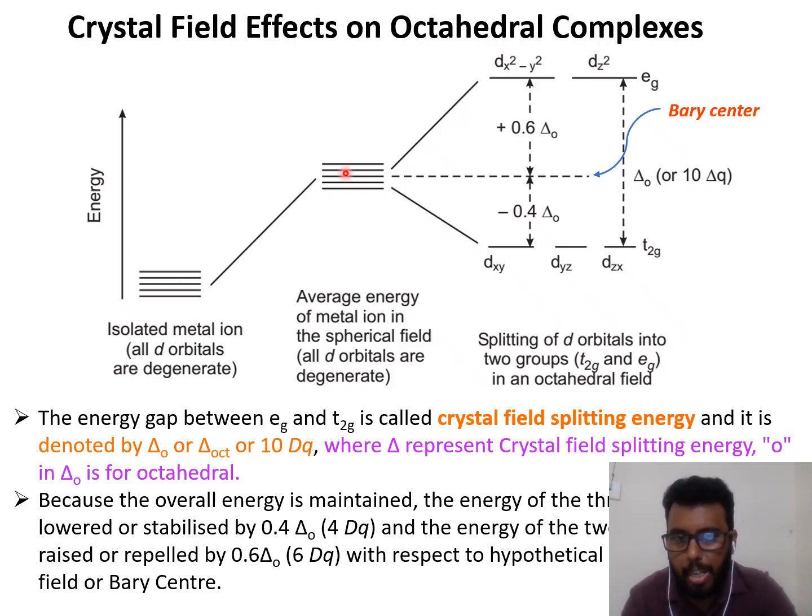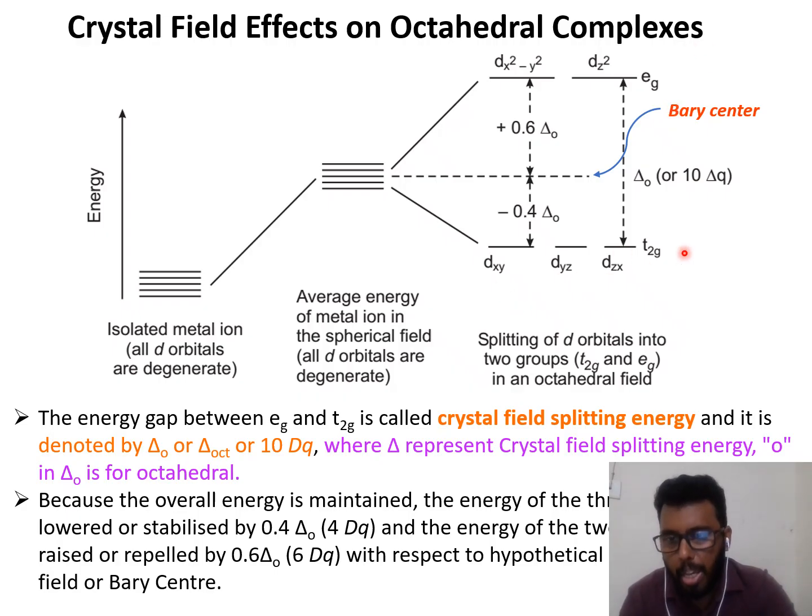Then you put a slanting line: until the ligand approaches, all the orbitals will be degenerate, but the average energy of the metal ion in the spherical field, again they are all degenerate. This particular dotted line, the central point, is called barycenter. I already told you: above the barycenter means energy is raised, and below the barycenter means energy is lowered.